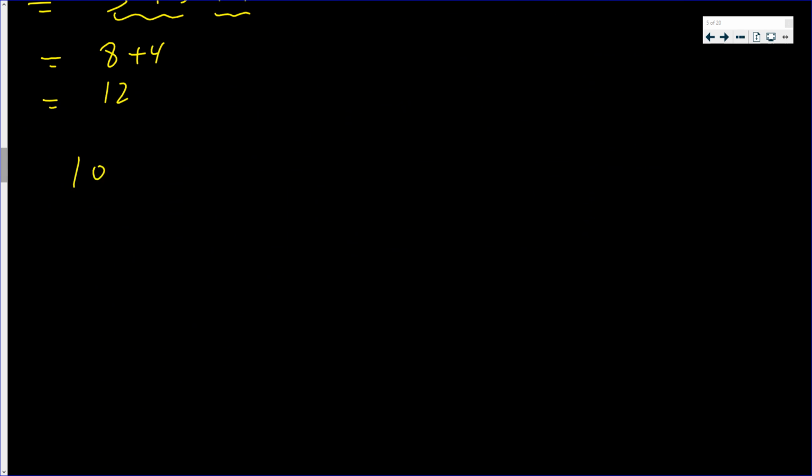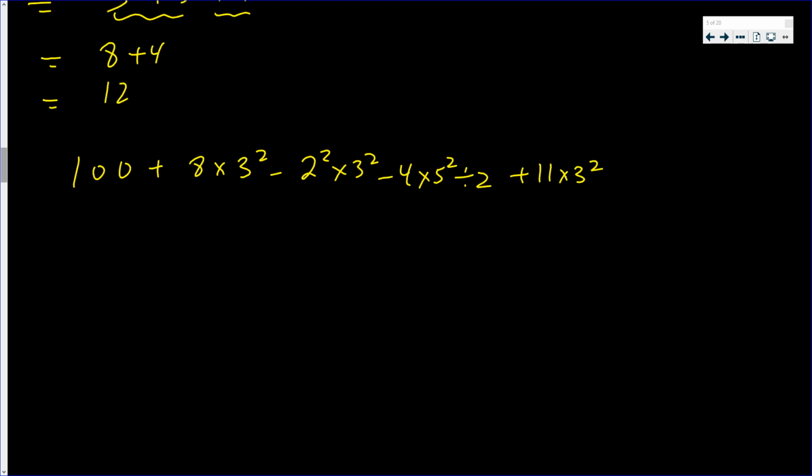Suppose you have 100 plus 8 times 3 squared minus 2 squared times 3 squared minus 4 times 5 squared divided by 2 plus 11 times 3 squared. Identify the terms.